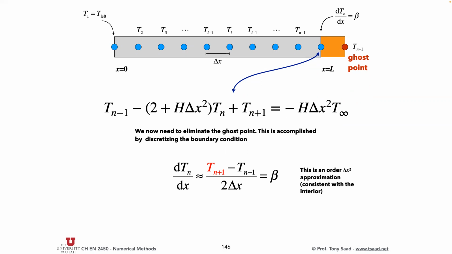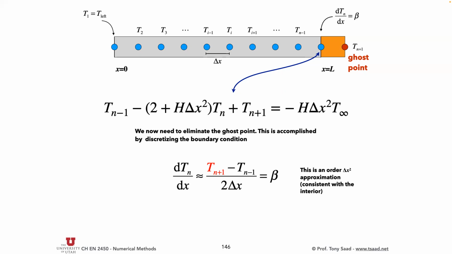So if you take a centered difference for dT by dx, and now I'll ask you why I chose a centered difference. If you go back to your finite difference chapter, the formula for the centered difference for the first derivative at point n is Tn plus 1 minus Tn minus 1 over 2 delta x. And that is given to us equal to beta.